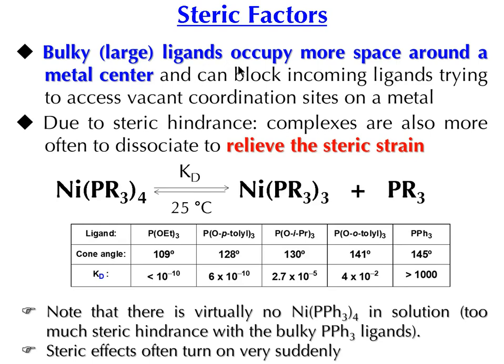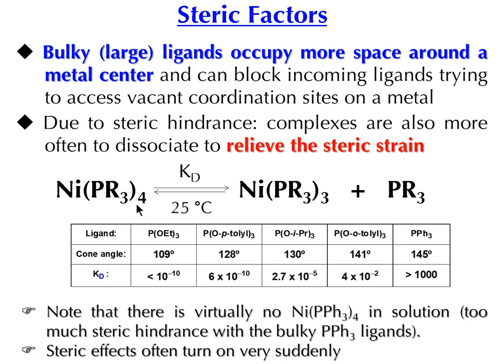Bulky ligands occupy more space around a metal center and can block the incoming ligands trying to access the vacant site on a metal. So the ligand addition is not possible in this case. Due to the steric hindrance, some complexes are also more prone to dissociate to relieve the steric strain.